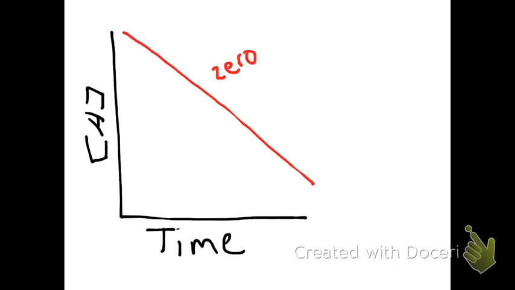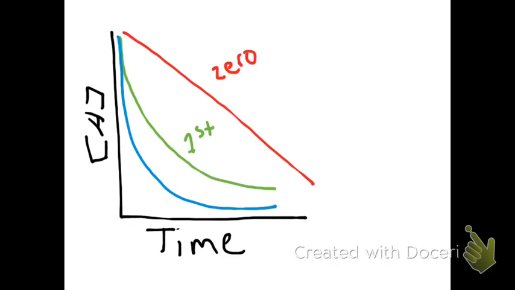For first order, we would get something like this. That's a first order. And then for a second order, we would get a much steeper curve like this for second order. And that's concentration versus time. Alright?